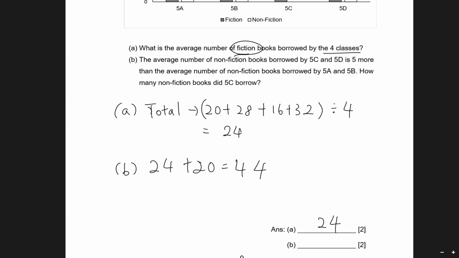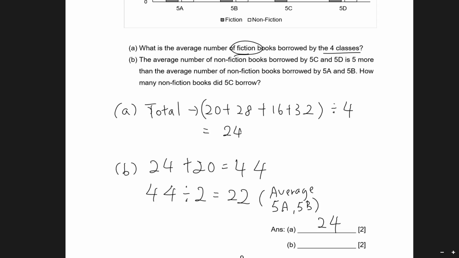And this 44 refers to the total, but we want to know what is the average. The average is divided by the two classes, which is 22. And they say that this is for the average, and average for which class? 5A and 5B.